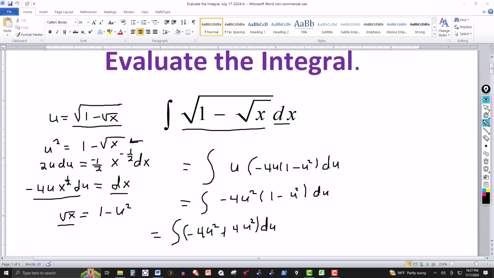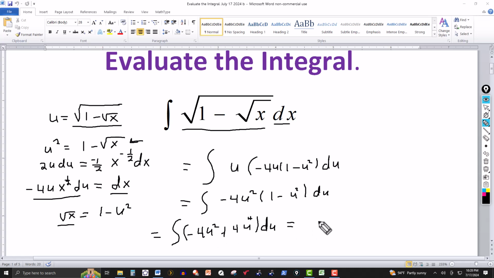So minus 4 times this here is this, and minus 4u squared times a minus u squared is positive 4u to the 4th power right here. Now it's just a basic integration, the power rule for integration.